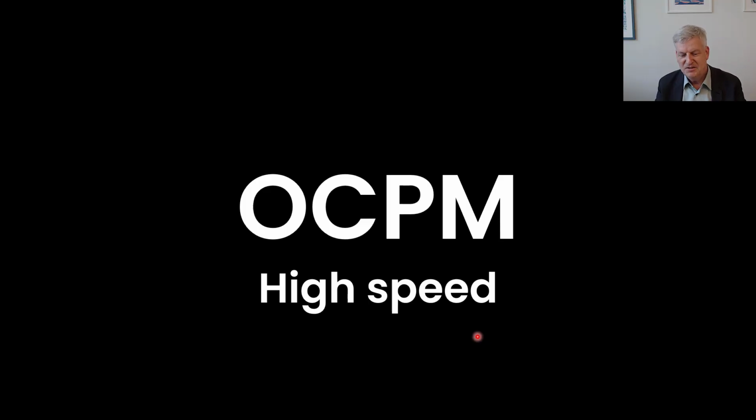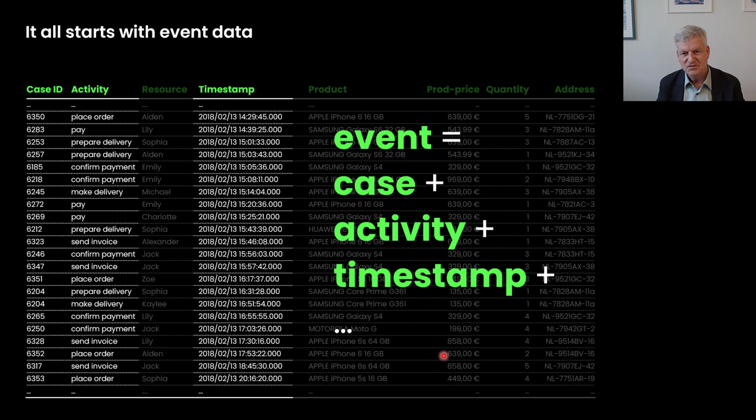So in this second part, I would like to focus on object-centric process querying, and for that I need to give a crash course in object-centric process mining. In Cortado, we were focusing on case-centric event data. Now we are focusing on object-centric event data. In case-centric event data, every event corresponds to a case, an activity, and a timestamp.